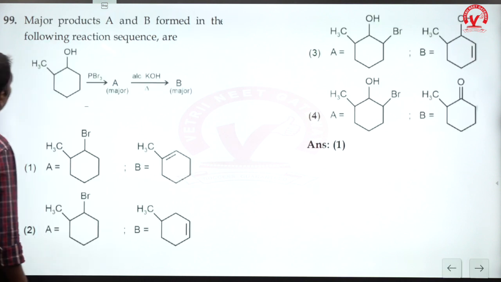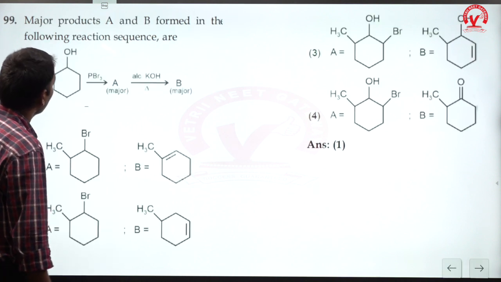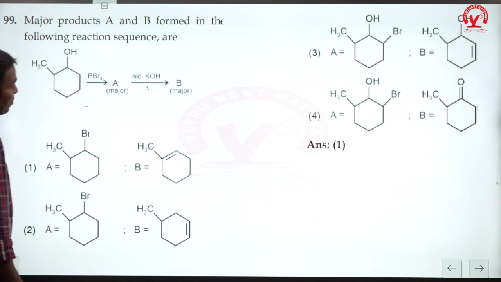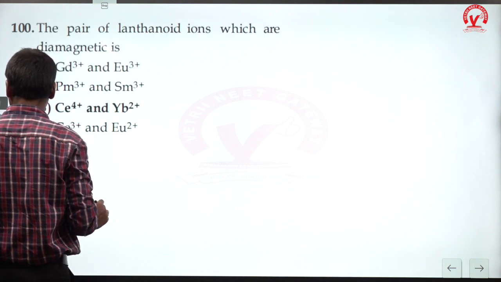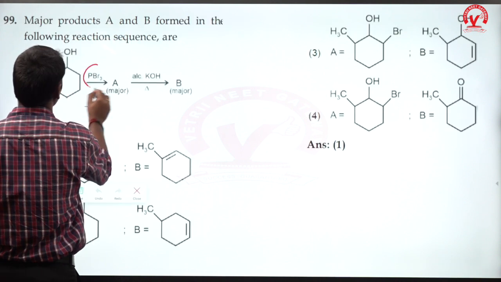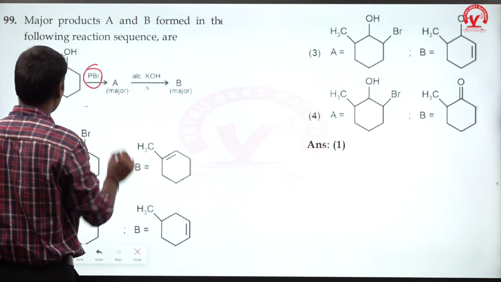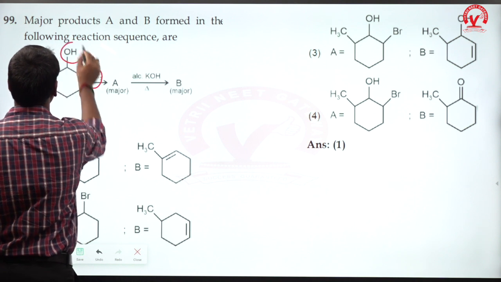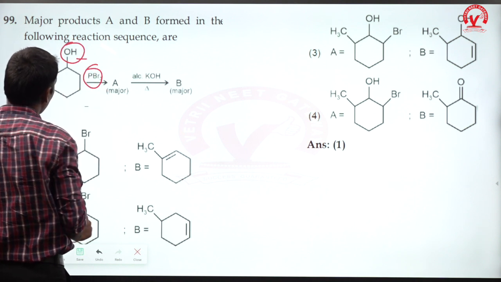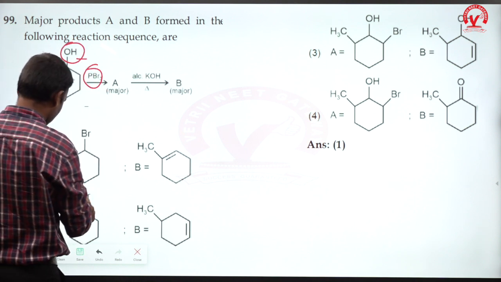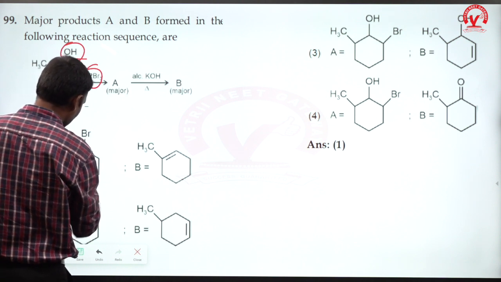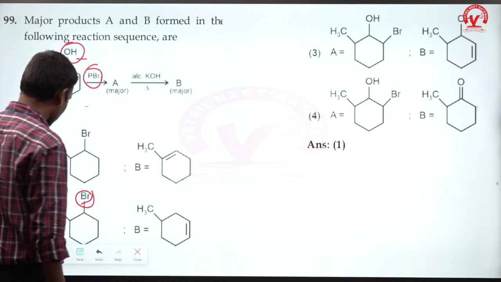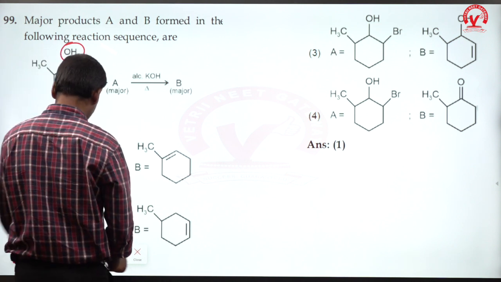Question number 99. Major products A and B formed in the following reaction sequence. PBr3, it is a halogenation reaction. Here in this OH place we can substitute Br, right? Option 2 is A, and B we have to take here.